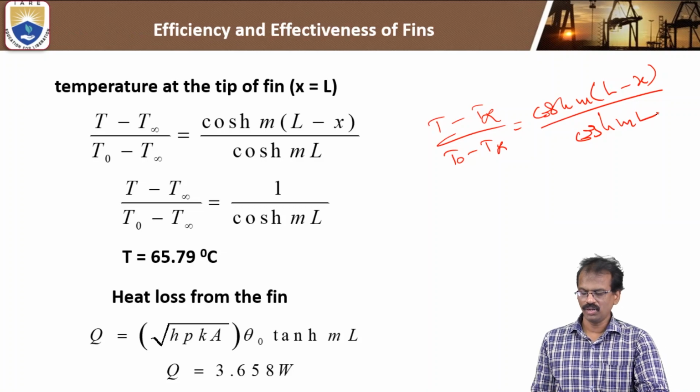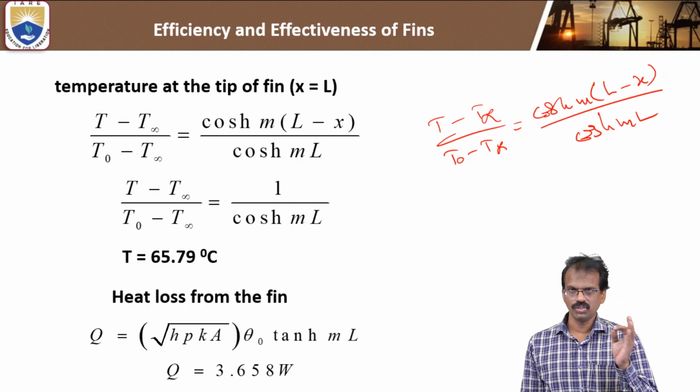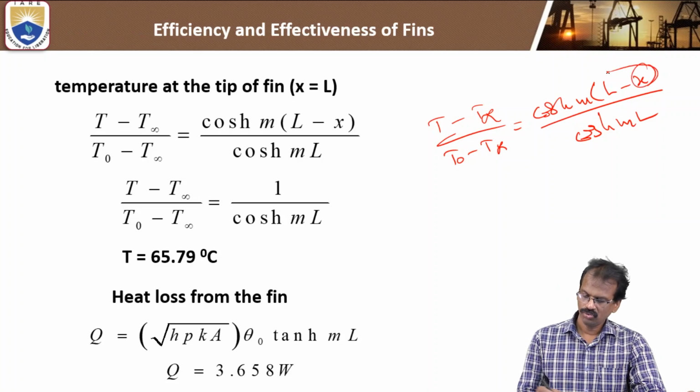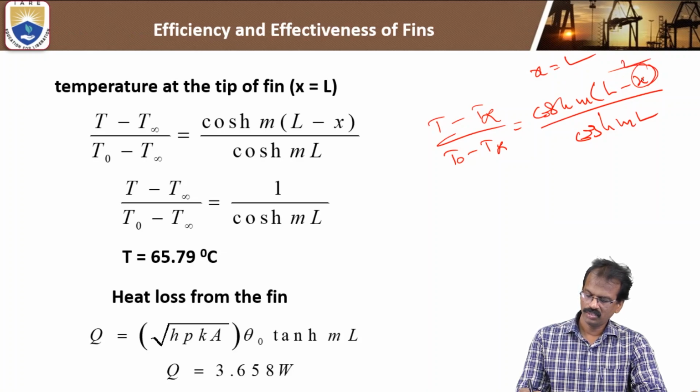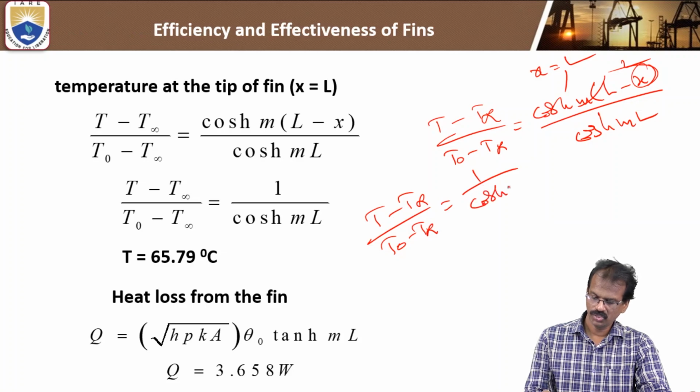So this is the formula to find out the temperature of the insulated pin at any position at distance x. So here distance x is equal to L. If you take L here, this is the value 0, cos 0 means 1. The formula will be like this one: T minus T infinity by T naught minus T infinity is equal to 1 by cosh ml.